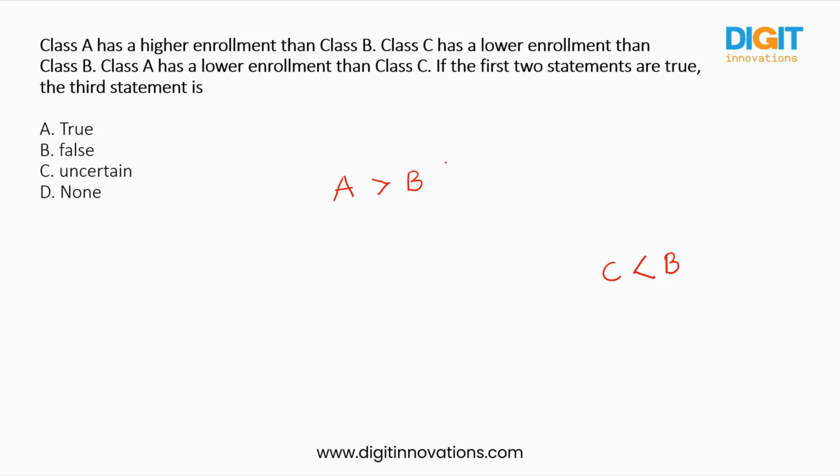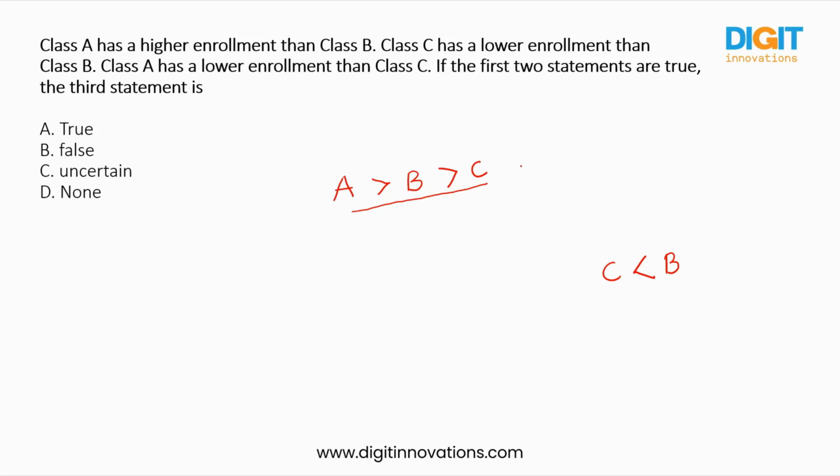That means we can write it as B greater than C. You can write it in this way, or C less than B, or B greater than C. It is all the same. So this is the thing you got in two statements.